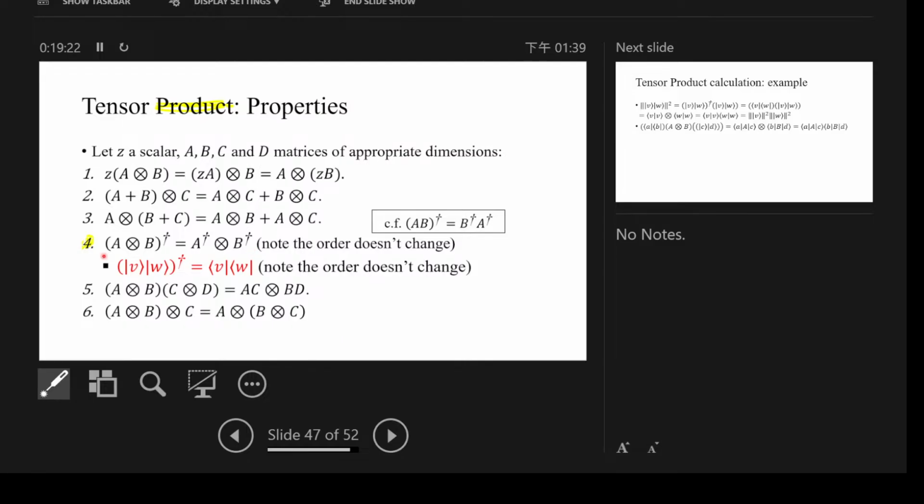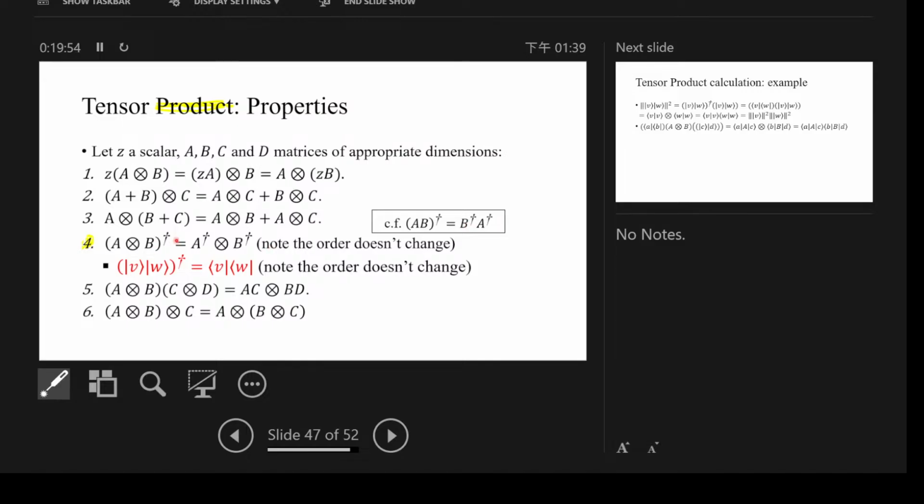And this might be unintuitive to you, because if you remember, usually when you have some matrix operation, say you have A times B dagger, then that will equal B dagger A dagger. Okay. This is usually what happens when you have a transpose. So AB transpose will equal B transpose times A transpose. But for the tensor product, this doesn't happen.